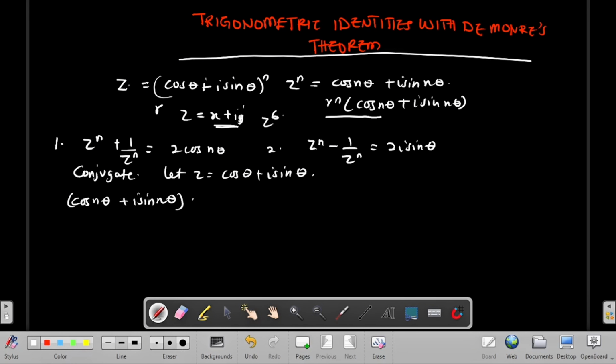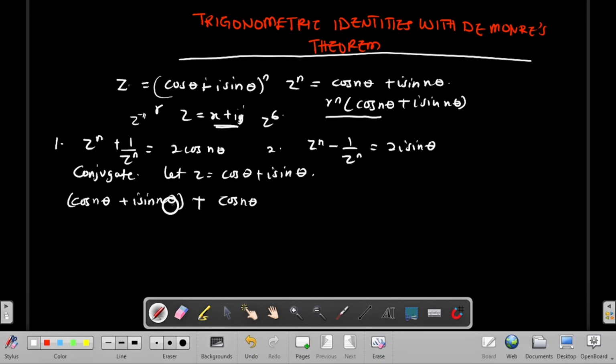Once I do this, plus the inverse, the inverse here is the same as replacing wherever I see n with negative n, because this is the same as z to the power negative n. So I'm simply going to have cosine n theta, because cosine is an even function. If I put negative n or n, it is still n theta.